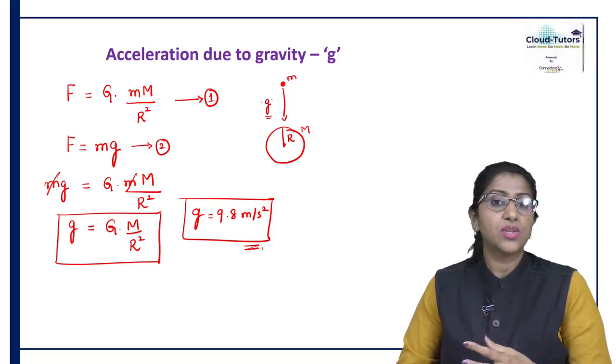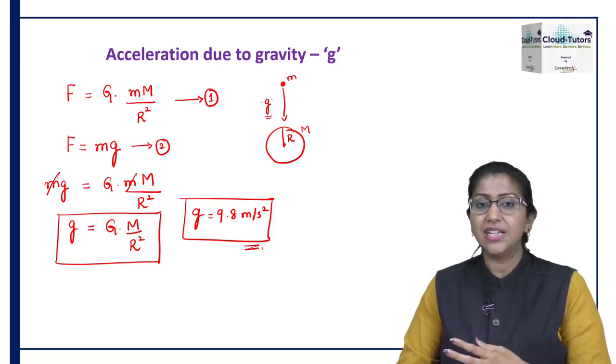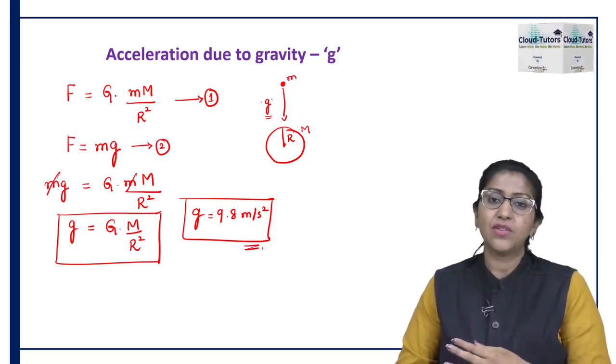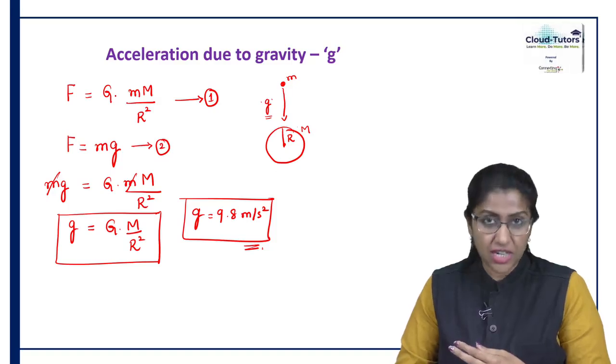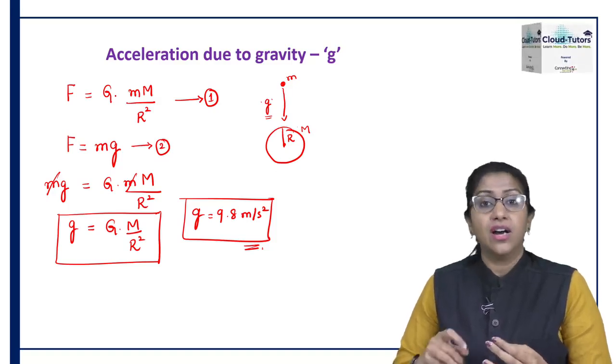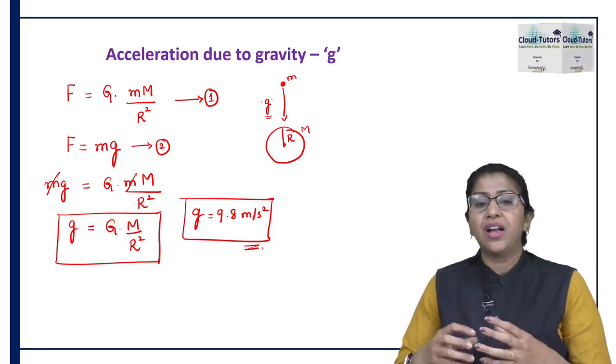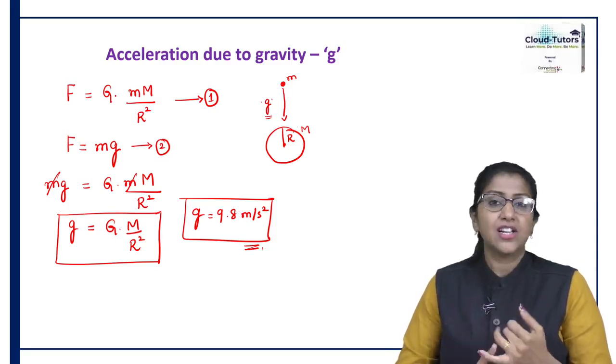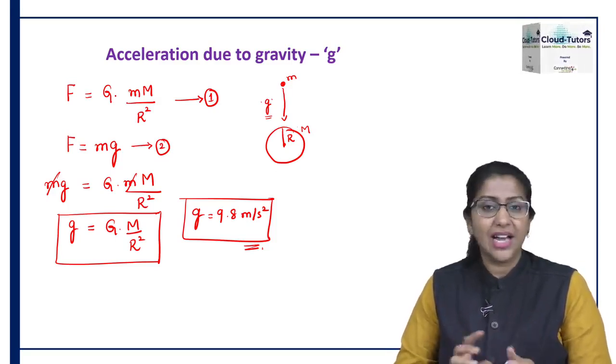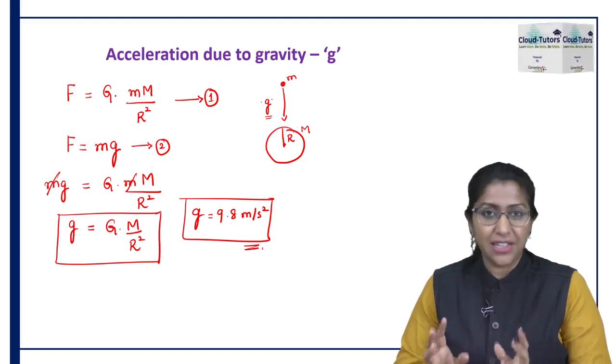And we also understood what we mean by acceleration due to gravity. It is entirely different from the universal gravitational constant capital G, and also from the word gravity. Acceleration due to gravity and the word gravity are not the same. They are entirely different.